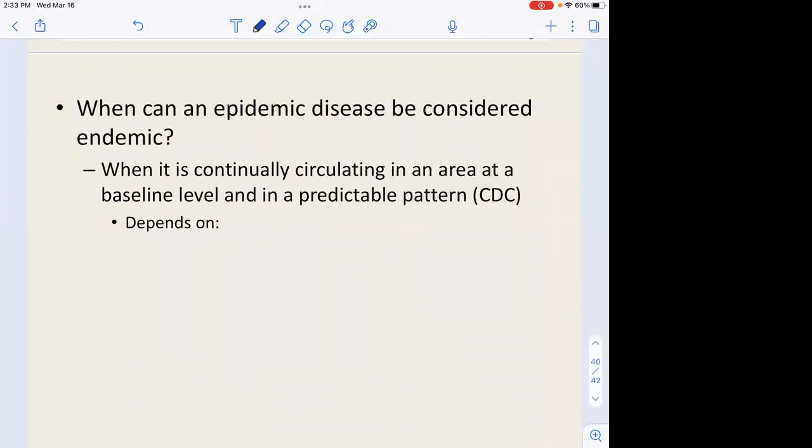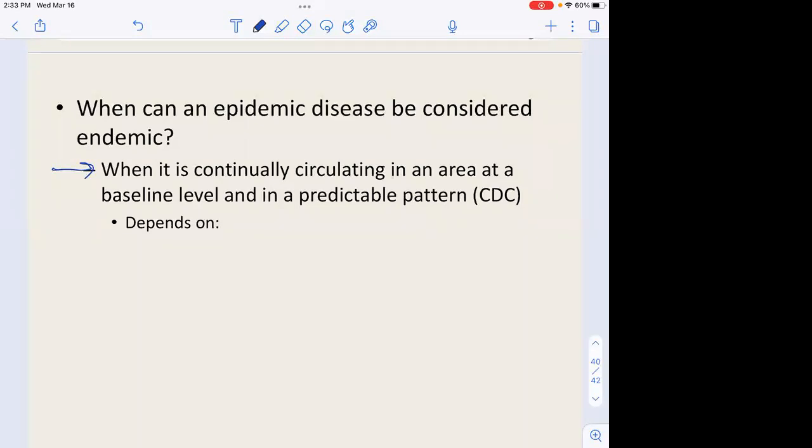And there was an interesting article about this in the New York Times a couple months ago that addressed this issue. It basically said when a disease is continually circulating in very predictable patterns, according to the CDC. So again, we may have more of it in the winter and less of it in the summer, but we can kind of predict that. So really, it doesn't just depend on absolute case numbers.